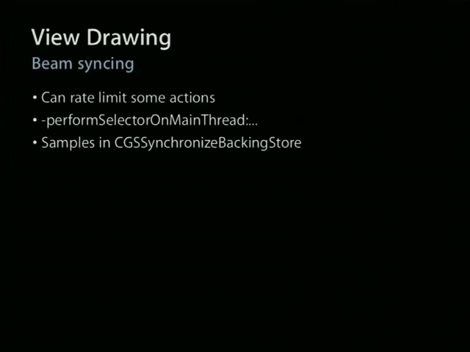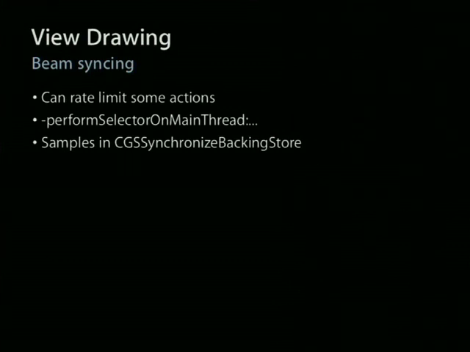And you can also run afoul of the beam syncing in the Window Server. The Window Server is going to rate limit the drawing that it's doing to how fast the panel, in most cases, can draw. So it can rate limit some of the things that you do. For instance, it can actually rate limit performSelectorOnMainThread.